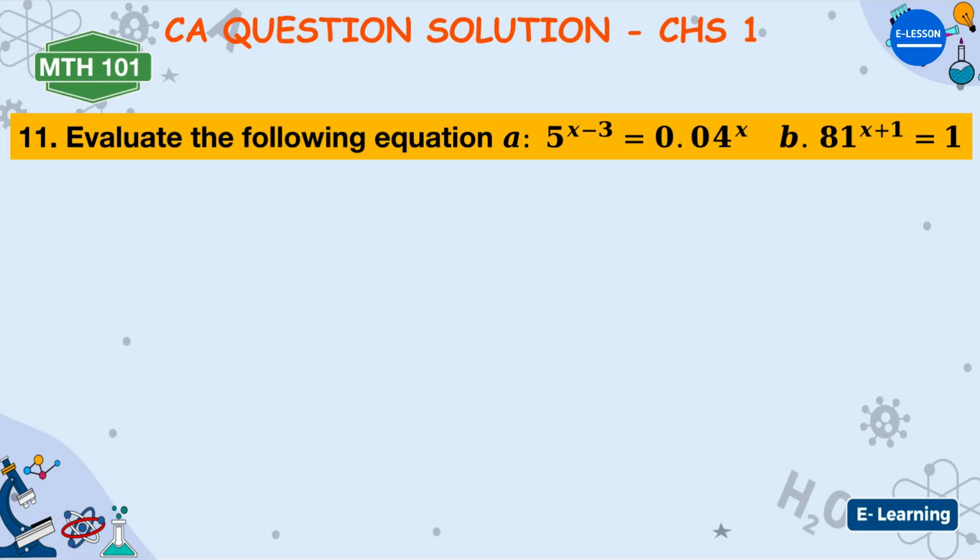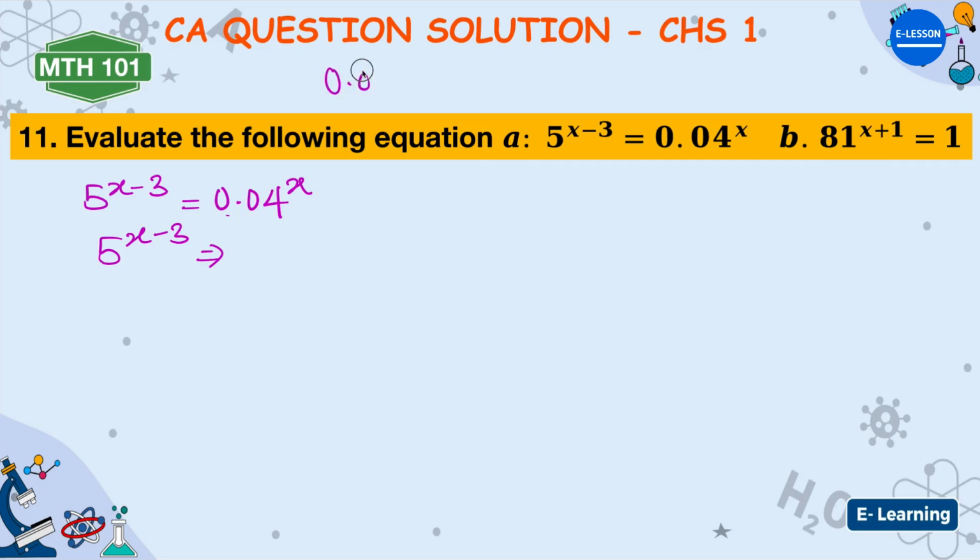Let's see the next one. It says to evaluate the following equation. The equation you are given to evaluate is 5 to the power of x minus 3 equals 0.04 raised to the power of x. First, let us break down 0.04.